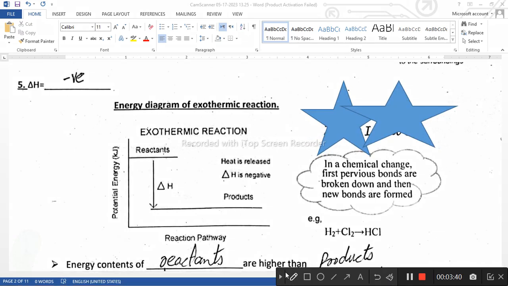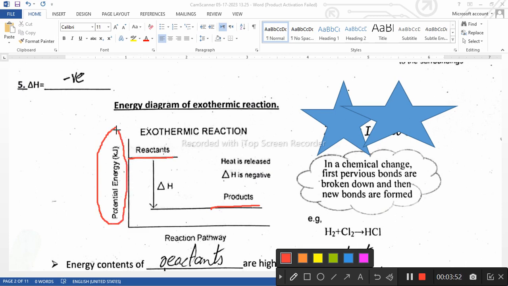In exothermic reactions, reactants are always at the top and products are always at the bottom. Okay, and these axes are very important. Okay, this is potential energy or enthalpy.